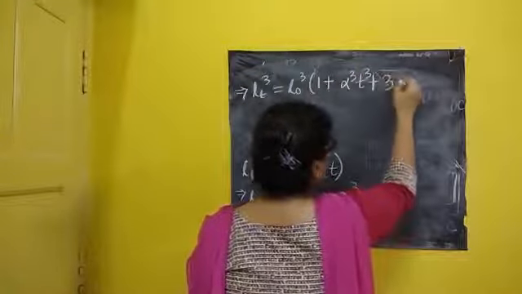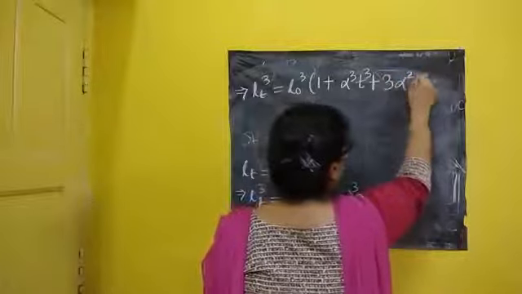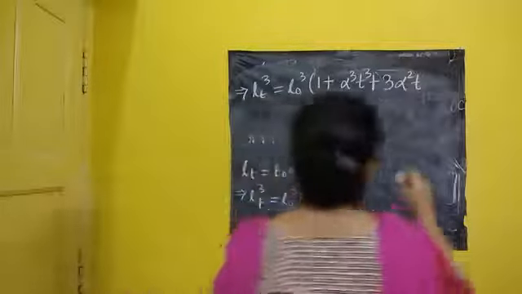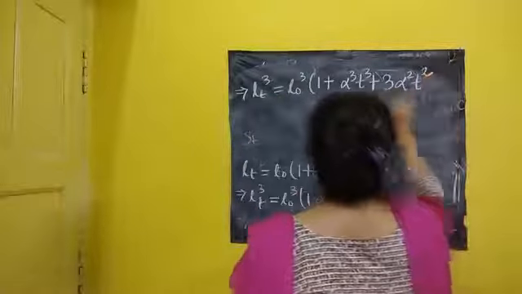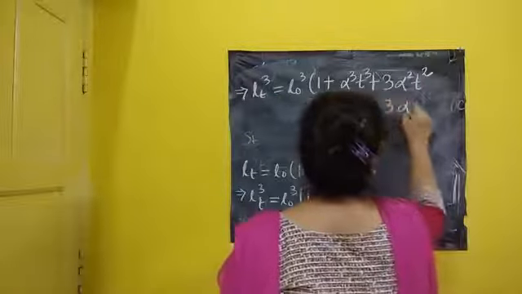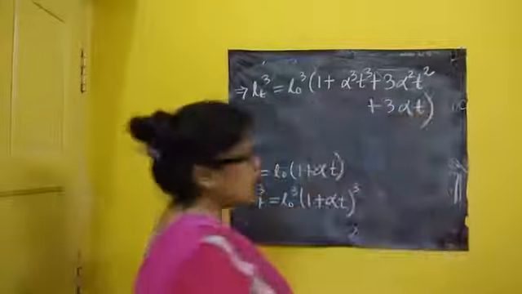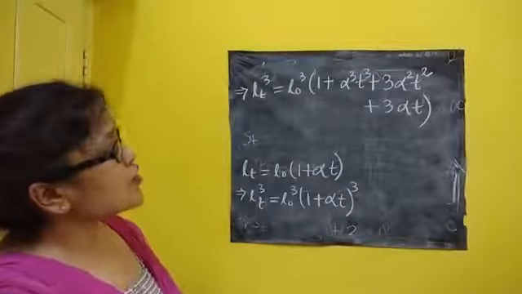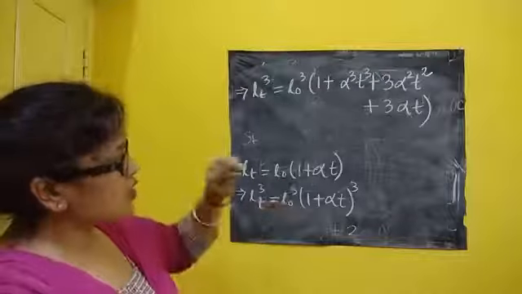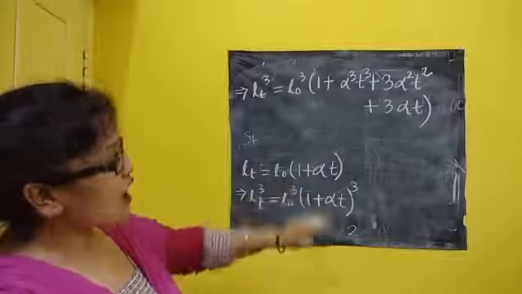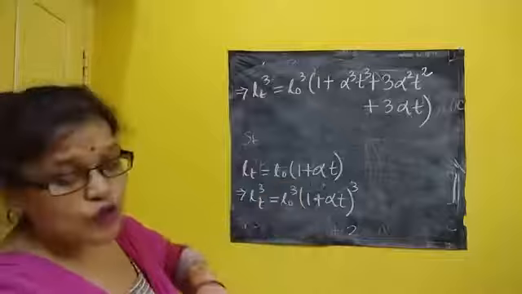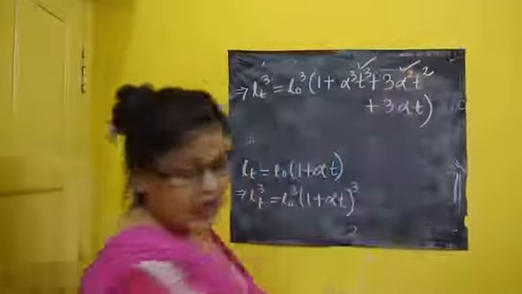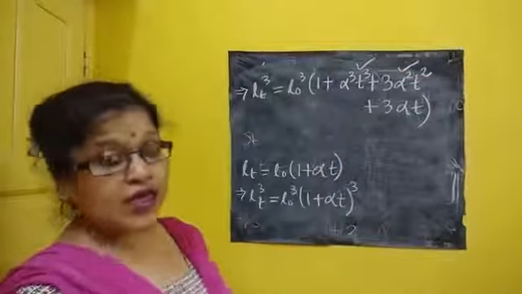Same reason: alpha has a small value, so alpha square is smaller than alpha, and alpha cube is even smaller, so these terms I can neglect because they will not affect my main calculation.